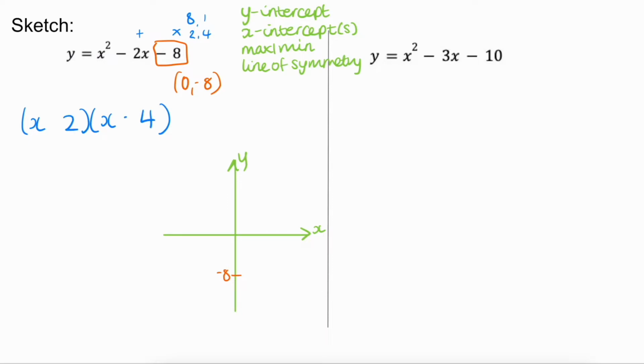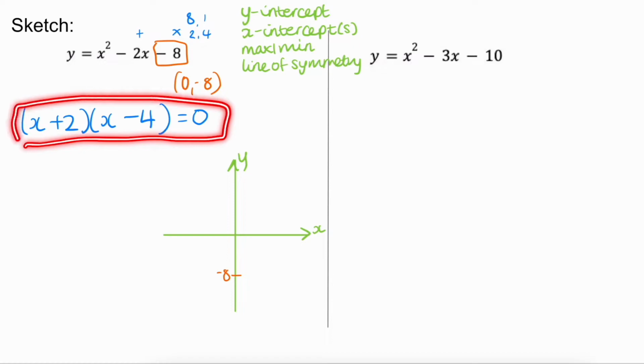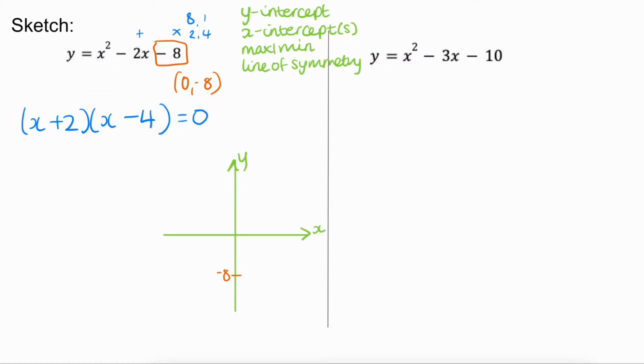And I want to make a negative 2. So I'm going to need to have minus 4 and then adding on 2. So this is what I would have if I factorized it. And if it's equal to 0, which is exactly what's happening on this line here, this is where y is equal to 0. Now I could solve it. That's why we're factorizing, because essentially I'm now solving the question.